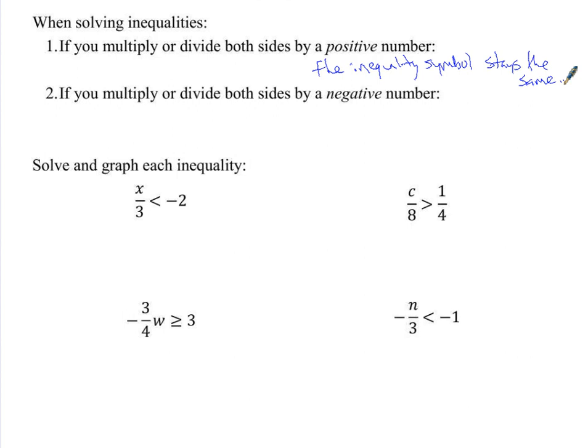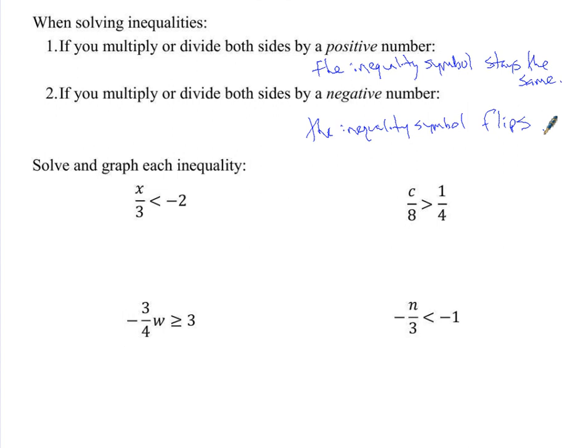But if I multiply both sides by a negative number, this time the inequality symbol does what? It flips. If it was less than, it becomes greater than. If it was greater than or equal to, it becomes less than or equal to. You just flip the symbol.